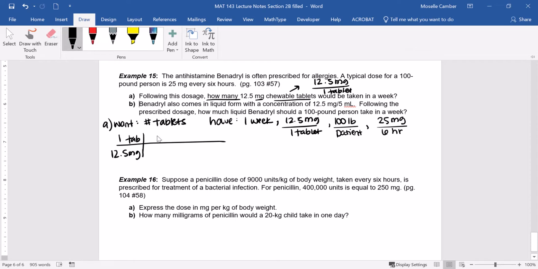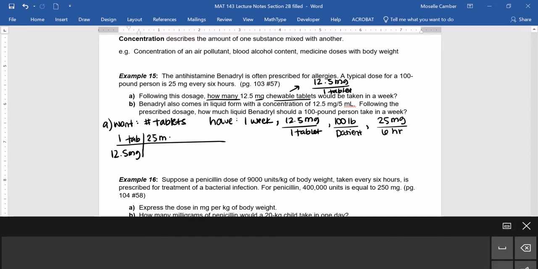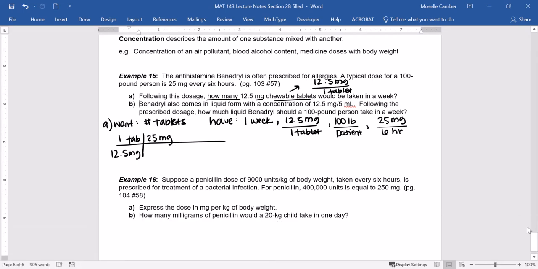Okay, so milligrams cancel. Now I have hours that I want to get rid of. I don't have any more hours, but I do have a week, so I can get from hours to week.